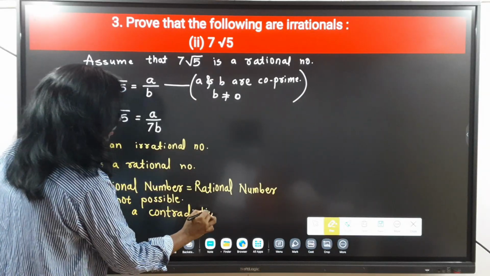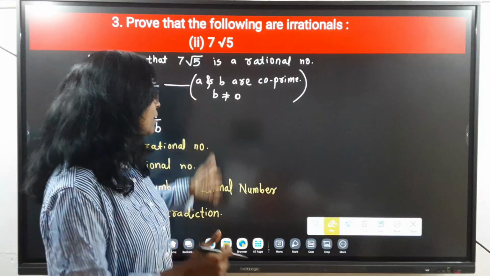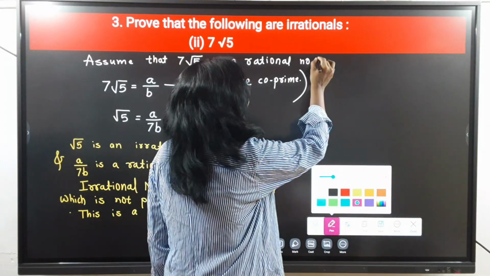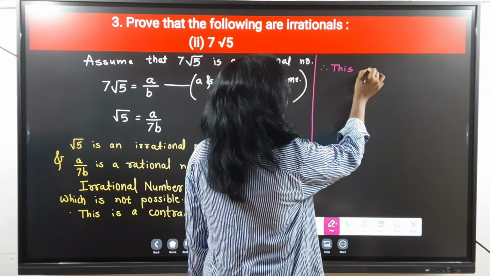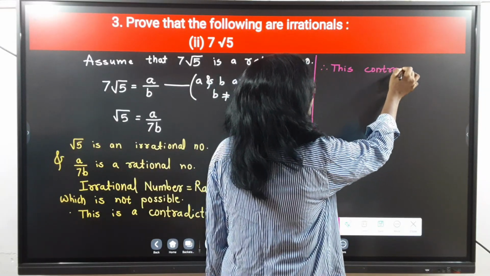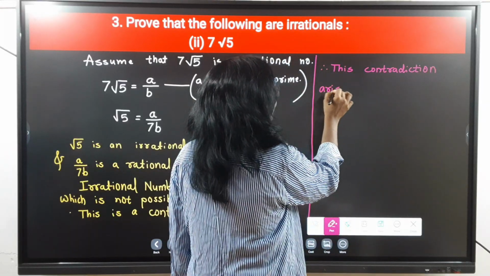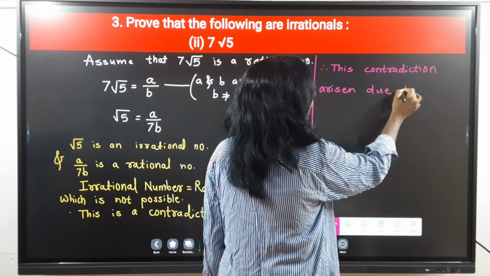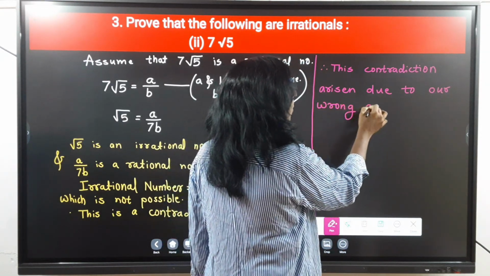And here, students, this contradiction arises due to our wrong assumption. So here I say that, therefore, this contradiction arises due to our wrong assumption. And what is the wrong assumption, students?